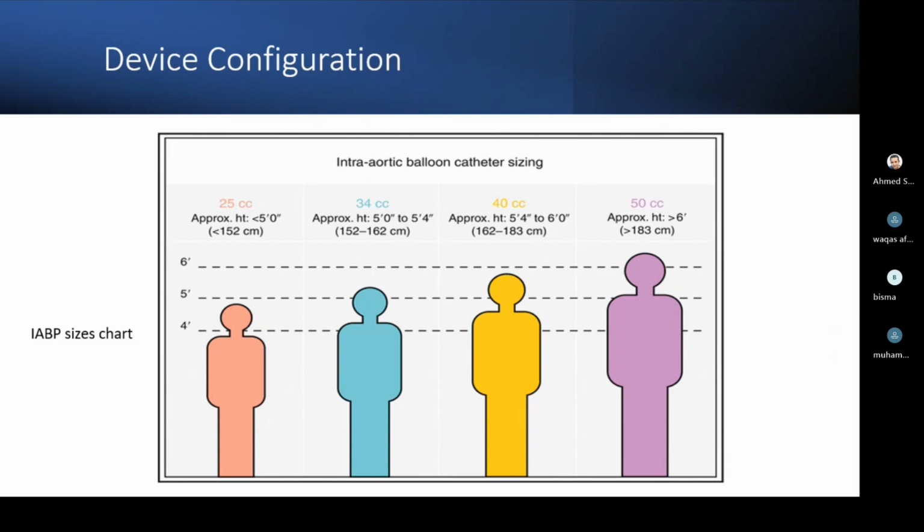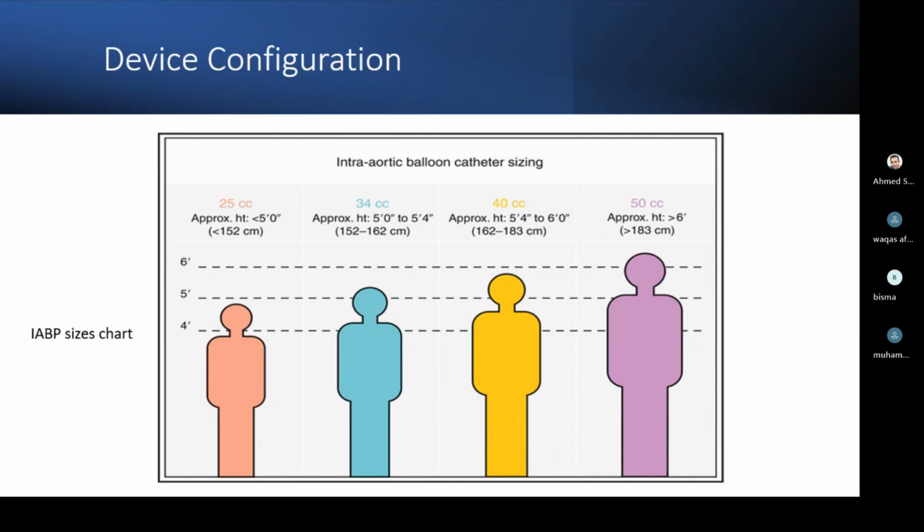We consider the height, then definitely we will go for the patient weight and how obese he is. If I take two patients of the same height, an obese patient and a normal-weight person, the obese patient may have a slightly smaller vessel diameter as compared to the other person with the same height.